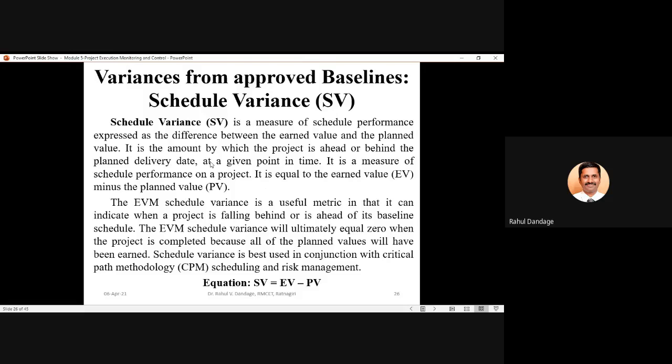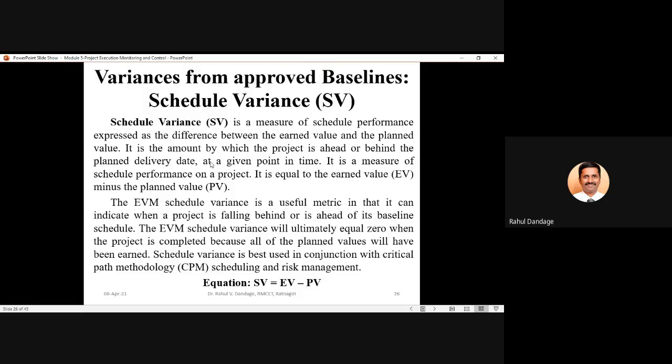The EVM schedule variance will ultimately equal 0 when the project is completed because all of the planned values will have been earned. So when your project is completed, the schedule variance must be equal to 0.